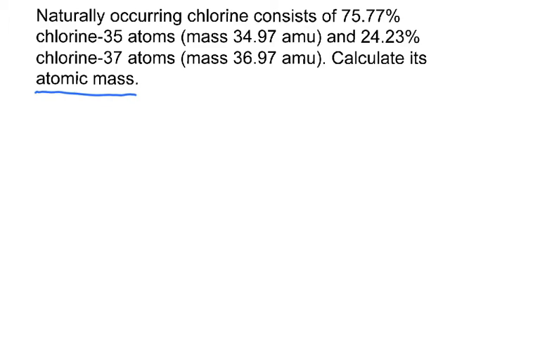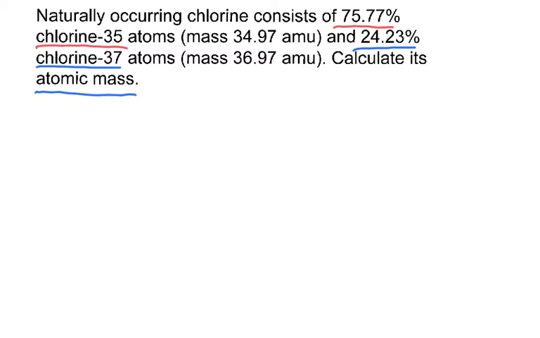So if we look at this problem, we see that 75% of the naturally occurring chlorine is from chlorine-35, and 24% is from chlorine-37.